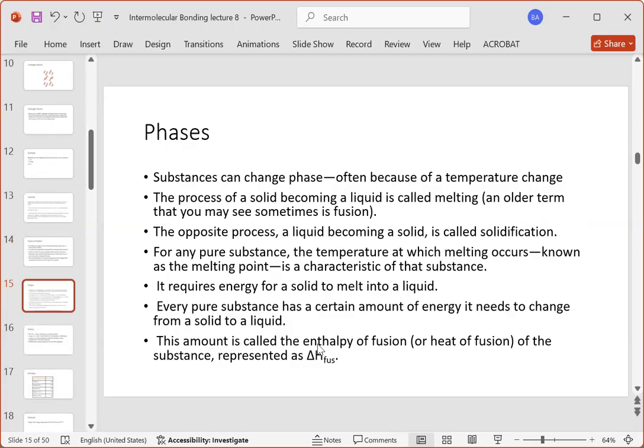Substances can change phase. If you take an ice block from your freezer, it can change phase and become liquid. It gets energy, and then it melts.